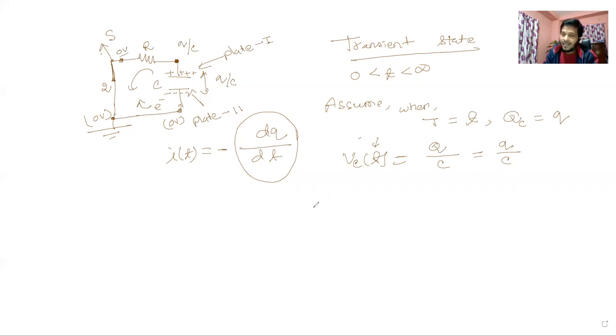It can be written as I of t equals the potential difference across resistor R, which is q by C, by R. So this means q by RC, isn't it? Now we can replace I of t by minus dq by dt, right?